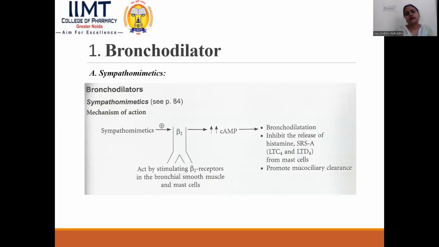Next is the mechanism of action of sympathomimetic drugs, or bronchodilators.